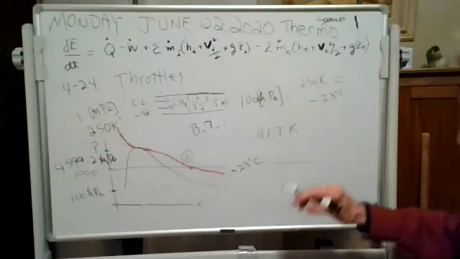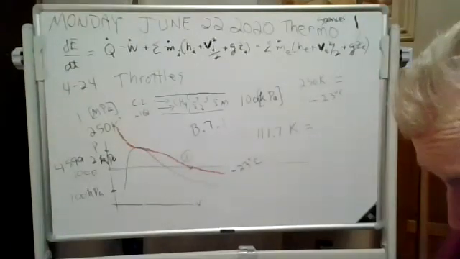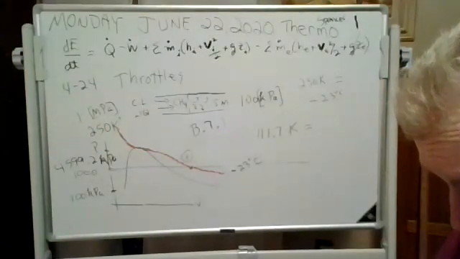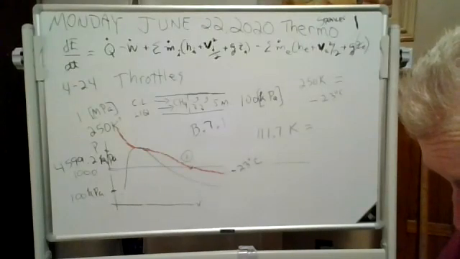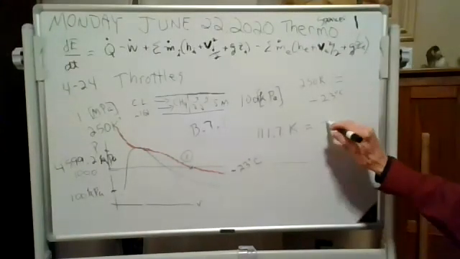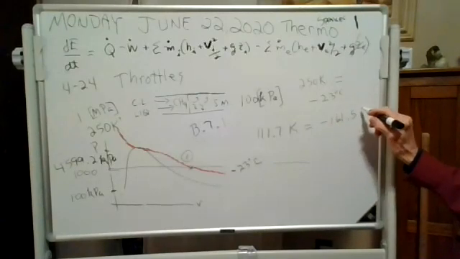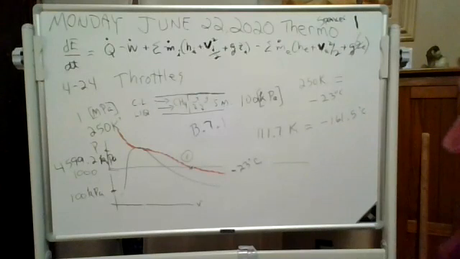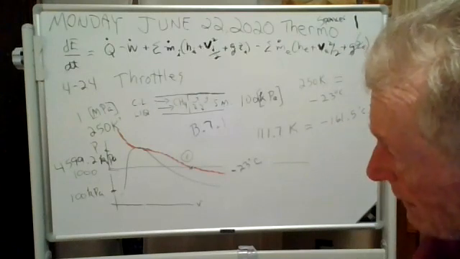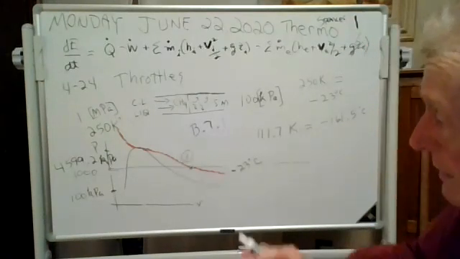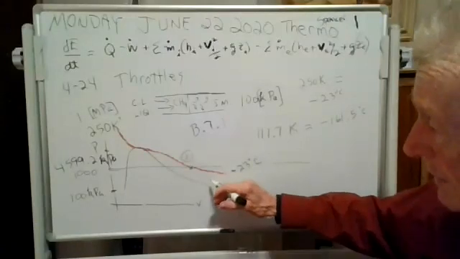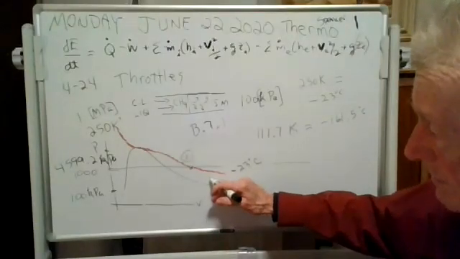So what would that be? 111, 273. That'd be negative 161.5 Celsius. What do you think? It's down here someplace.